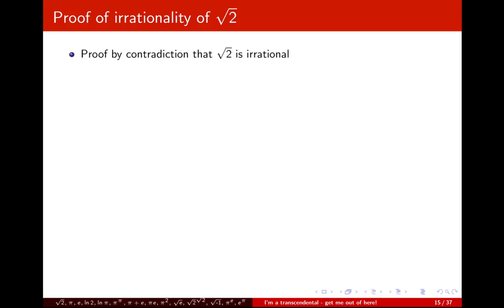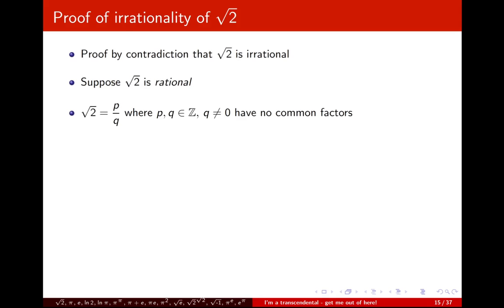So let us begin by proving by contradiction that the square root of 2 is irrational. Let's suppose the opposite, that the square root of 2 is rational, i.e. it's in the form of p divided by q, where p and q are integers and q is non-zero, and that p and q have no common factors. So any factors they might have had in common have been cancelled.